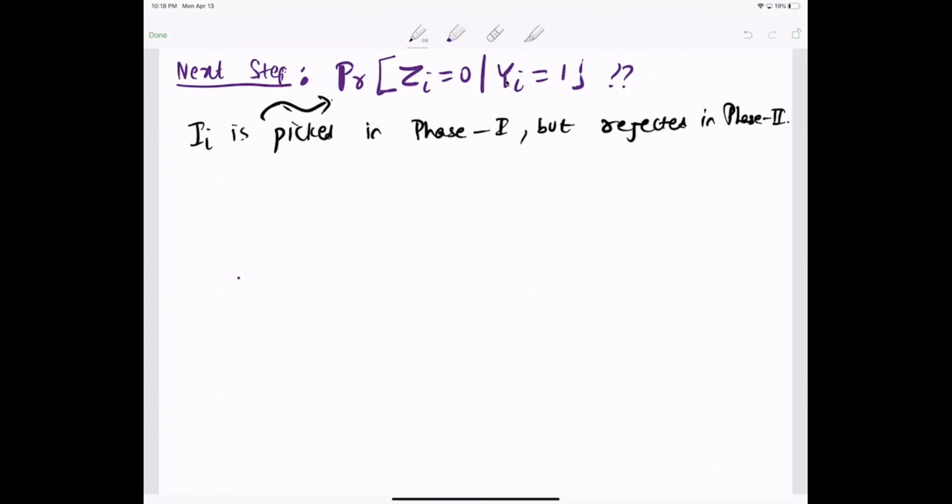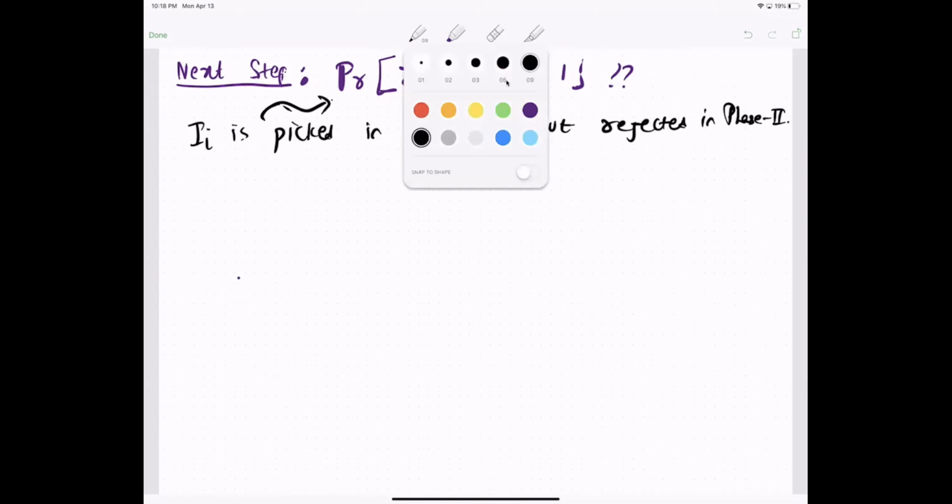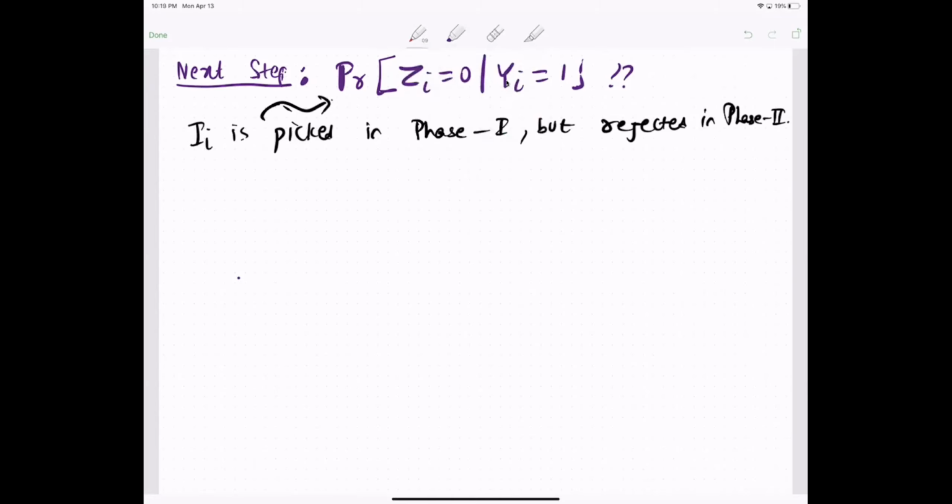Okay, so again we need some more definitions here. So this is Ii.